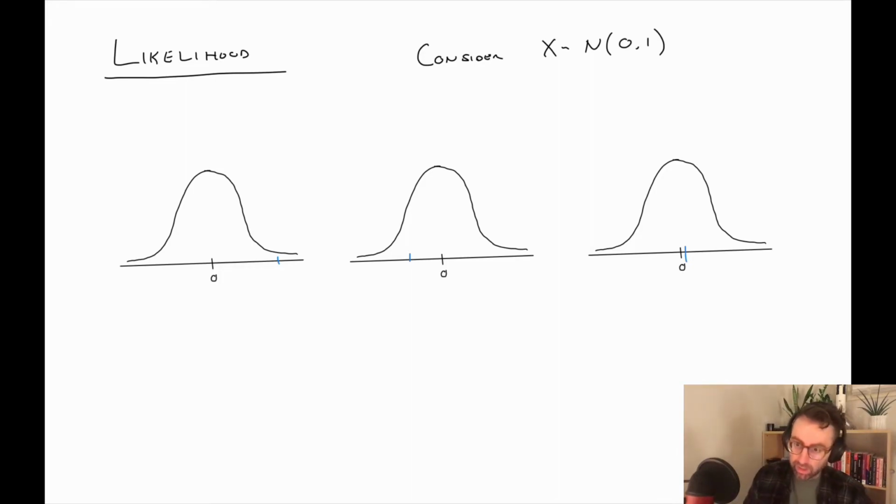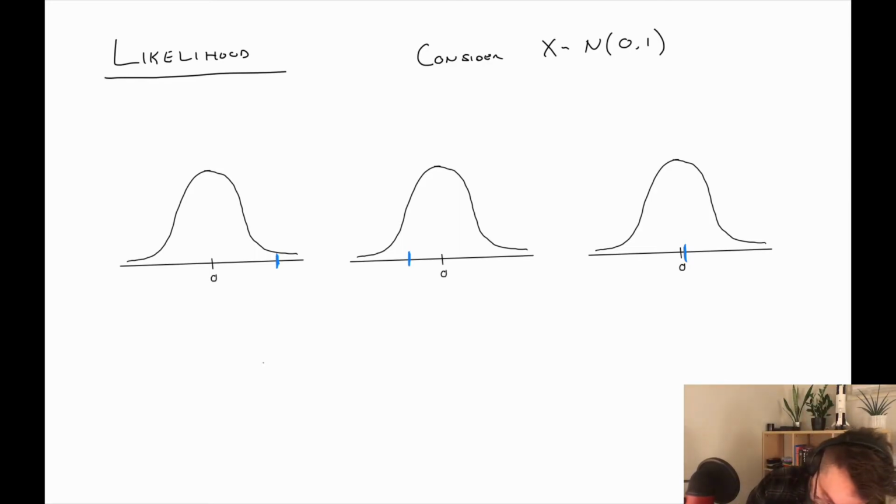I don't need to explain that sampling and getting a data point here is less likely than sampling and getting a data point here, which is less likely than sampling and getting a data point here. So basically, in regions of higher density, we think it's more likely that data we sample will show up in those regions.